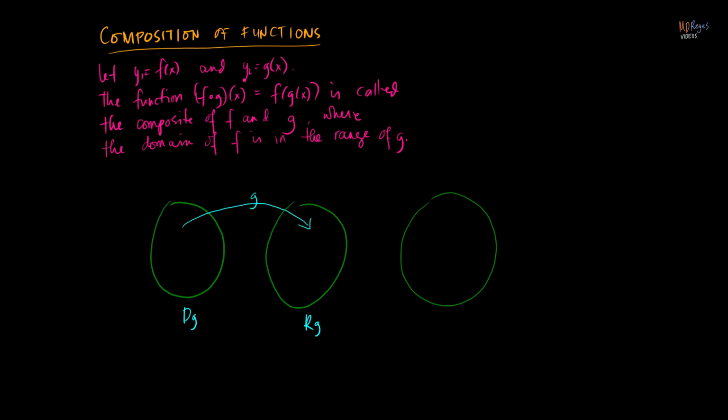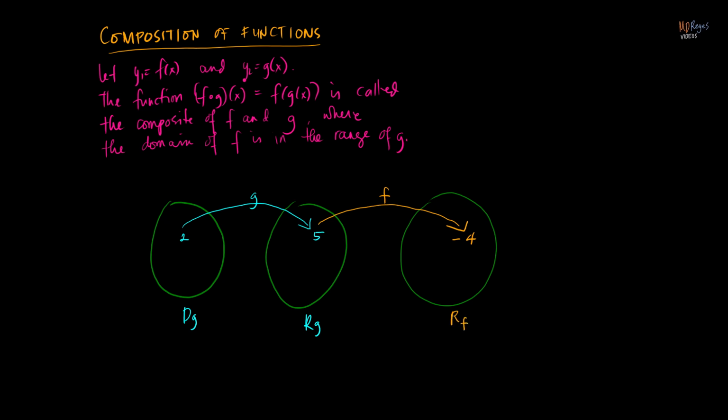Say for example, the function g says that 2 goes to 5. And then there's another function that maps the numbers in the range of g to the other set. Say for example, 5 goes to -4 according to the function f. So this must be the range of f.